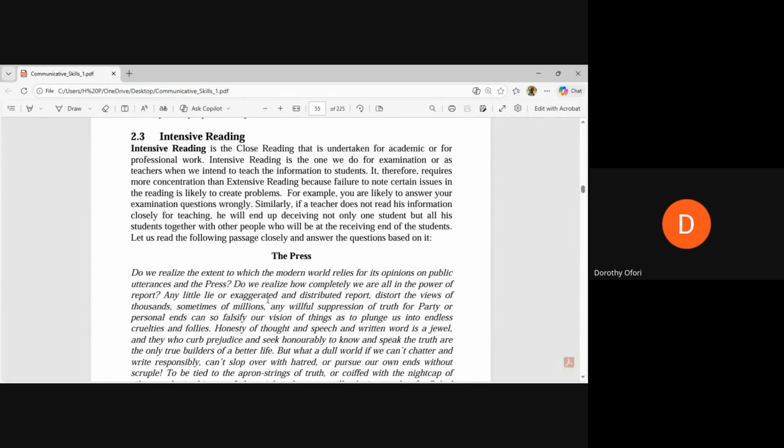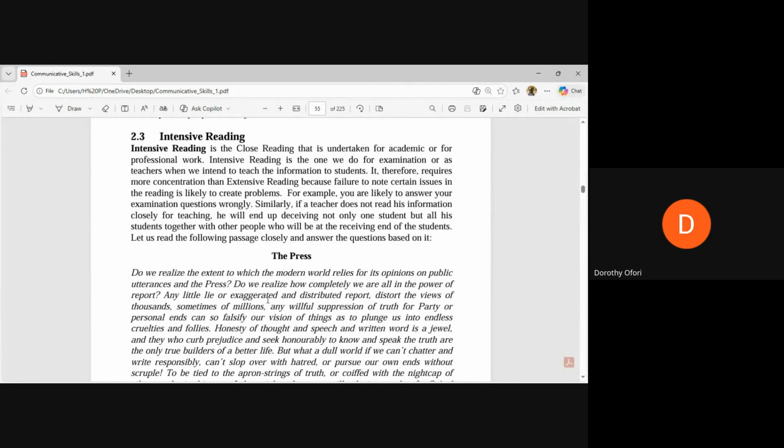But if I am a mother and a nurse, and I want to teach my daughter in the house after school, and I feel like let me go online and check the reading techniques that can be used, I am doing extensive reading because I'm a nurse. But intensive reading is for academic purpose.